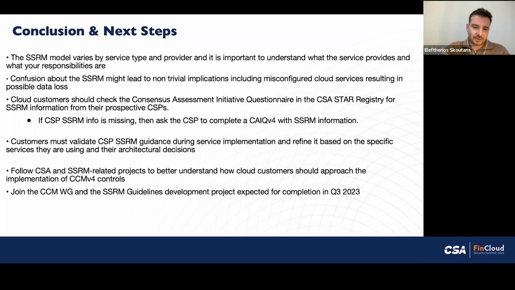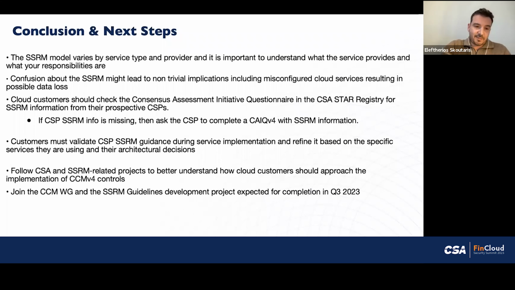Now coming back to what Eric said, we are planning, as CSA, Cloud Security Alliance, and the System Working Group, to kick off a project to develop SSRM guidelines for the full stack of the system controls, all 197 controls in the CCM.